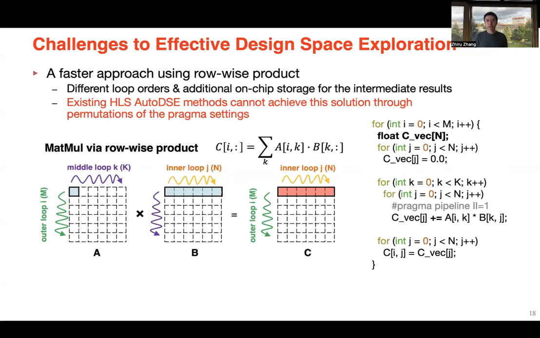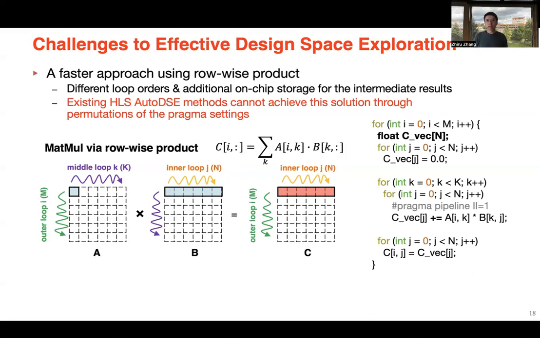But we can actually leverage a different approach called a row-wise product approach. This is where we have to use a different loop order and also additional on-chip storage to store the intermediate results.